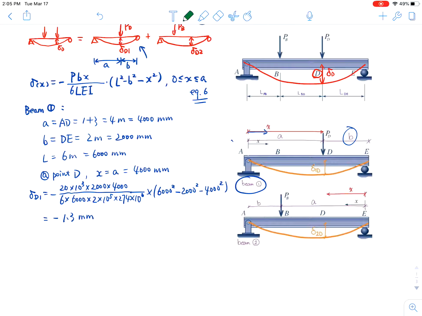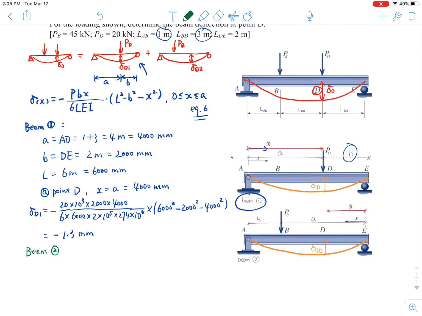Then we can calculate beam 2. Here's our beam 1, and your beam 2.